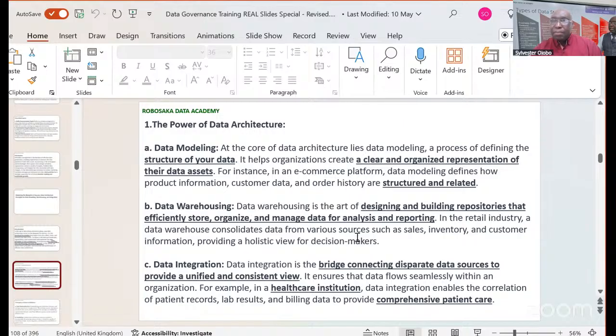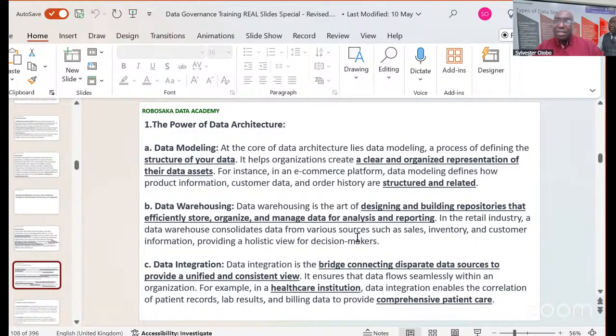Now, in any enterprise, there is always an organizational structure, okay? Another word is organogram. That shows where accountability is going to flow and where responsibility is going to be adhered to.